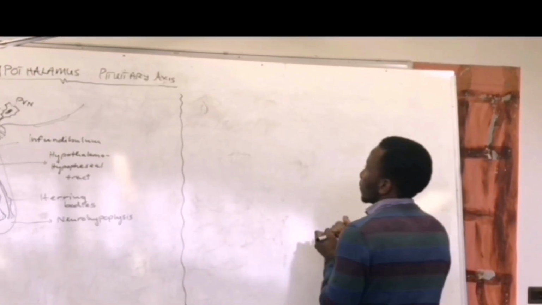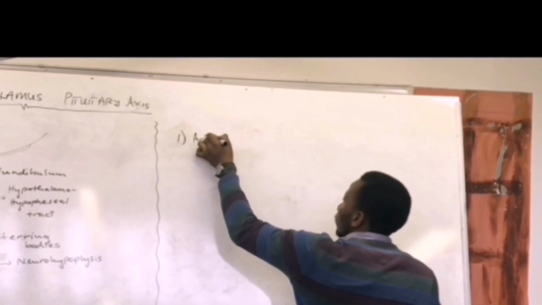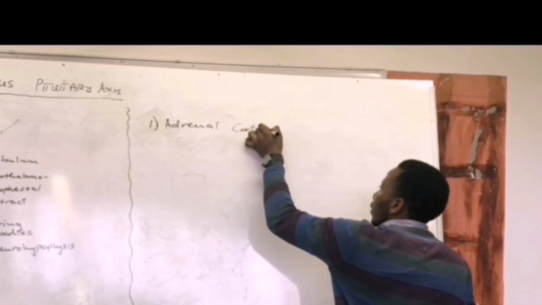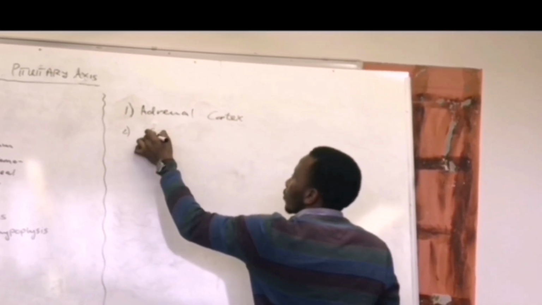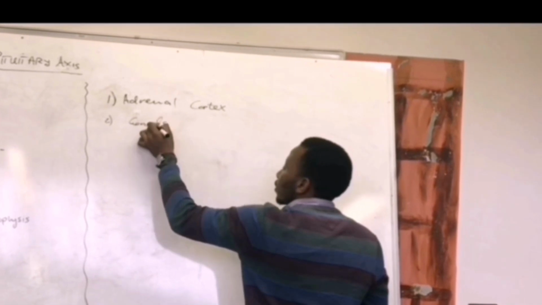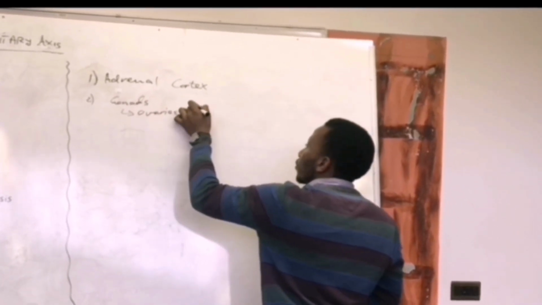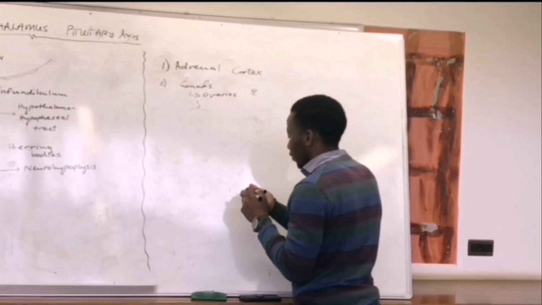The first one is your adrenal cortex, okay? The second one is going to be your gonads. So you have your ovaries for the females, then you also have your testes for the males.